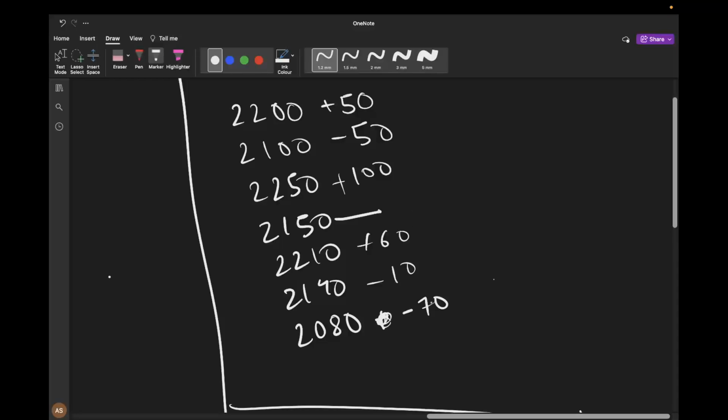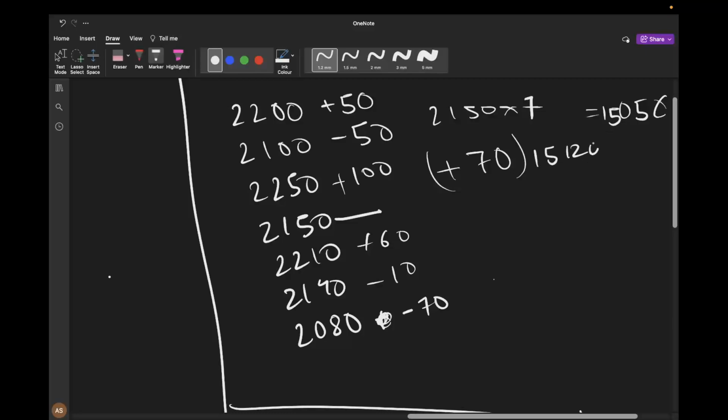So here we have negative of 80, 130 and positive of 150 and 210, which makes it a plus 70 on what is basically 2150 into 7. Sorry, my bad. Basically 15120 should be our answer.